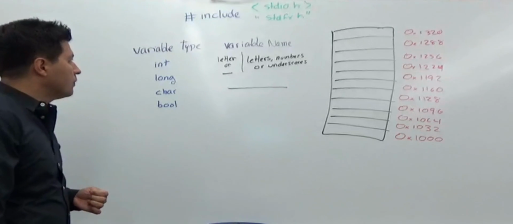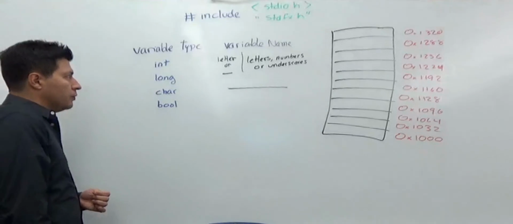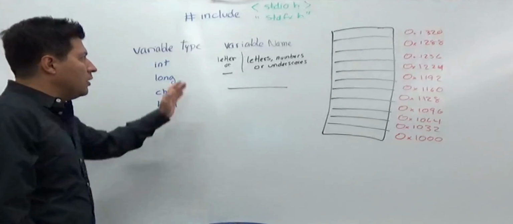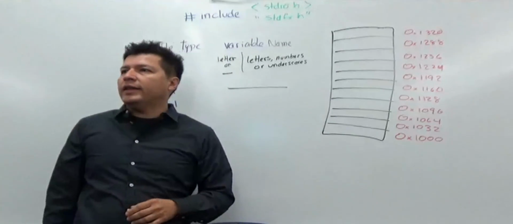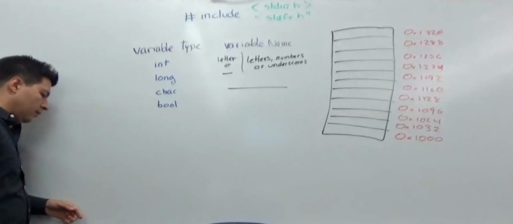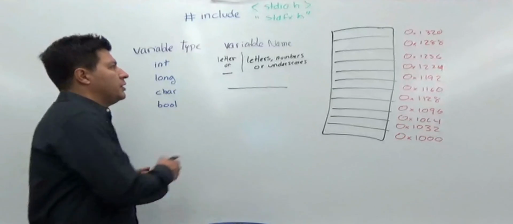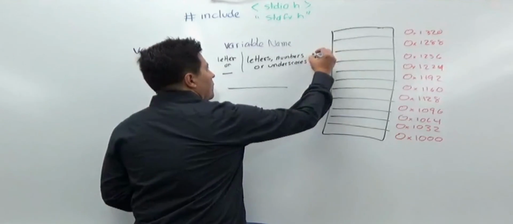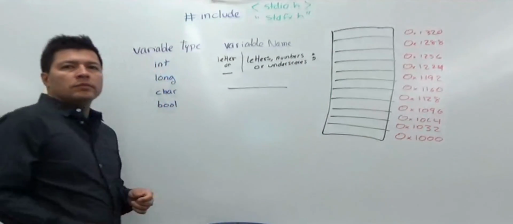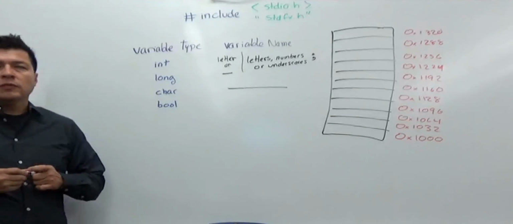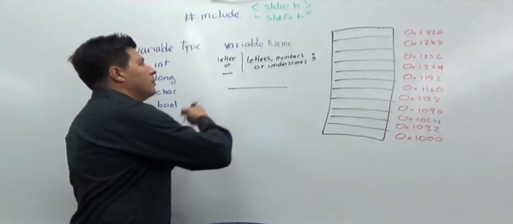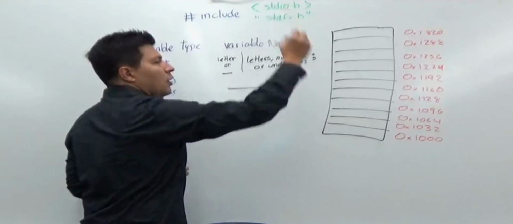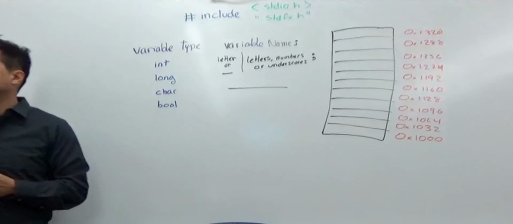So at the end of the sentence, you need to have an end of statement character, which is simply a semicolon. So the syntax is type, name, semicolon.